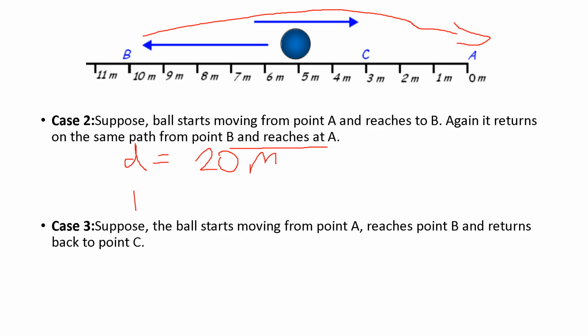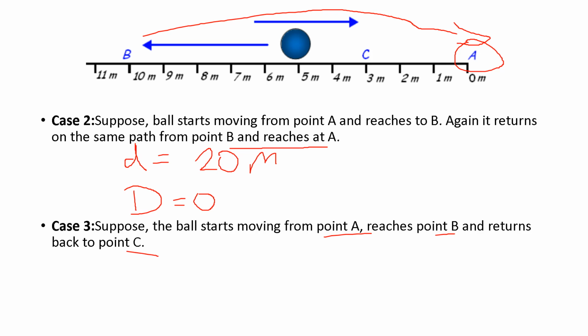Okay, 10 meter from point A to point B, and 10 meter from point B to point A. But what about the displacement? The displacement will become 0. Why 0? Because here the initial point was A and even the final point is A, because the ball has again reached the point A. Let us see the third case.